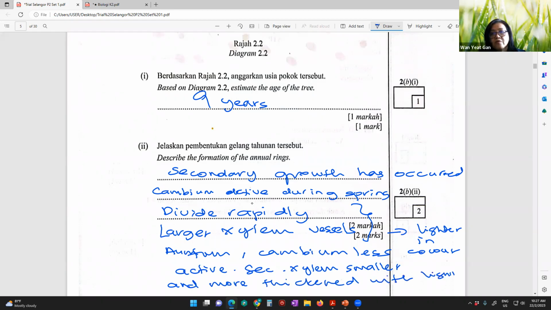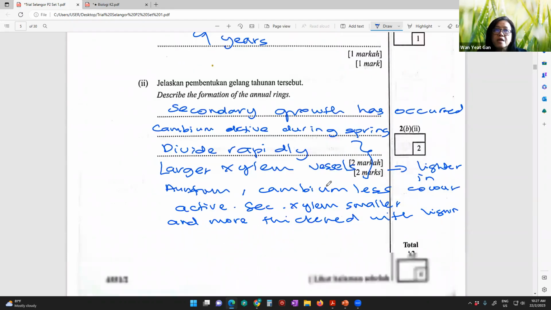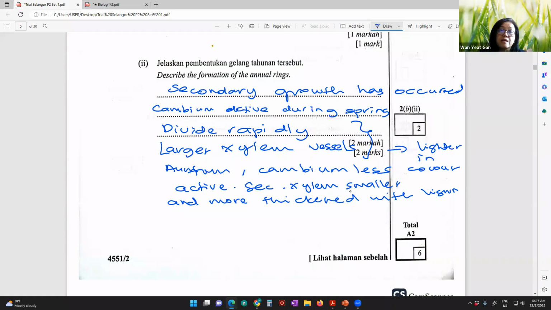Okay, so because of that, the wood that is formed during autumn or early winter, late autumn, is usually very dark. Okay, they are darker in color. So in 1 year, there is one lighter color and one darker secondary xylem. Therefore, you can know the age of the tree by the number of rings that is formed on the stem, right? So one lighter and one darker is equal to 1 year old.